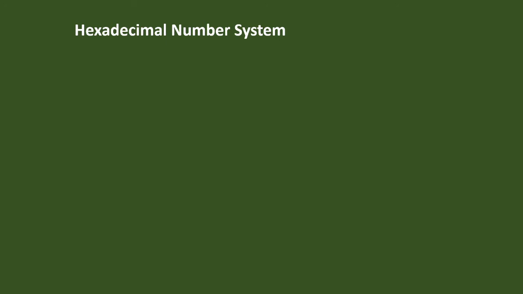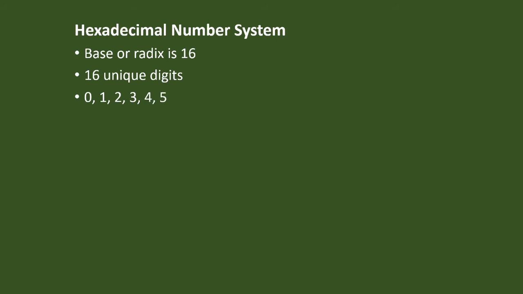Hexadecimal number system is another example of a number system. From the word hexadecimal, that means that the radix or the base is 16. So in this case, there are 16 unique digits, and these are 0 until 9. From 0 to 9, we know that there are 10 digits.